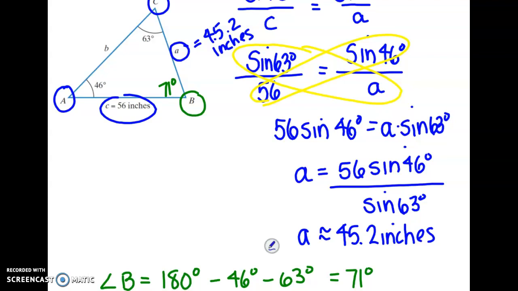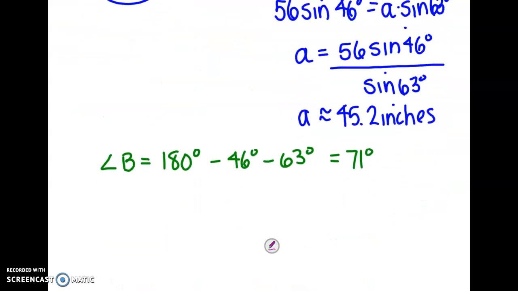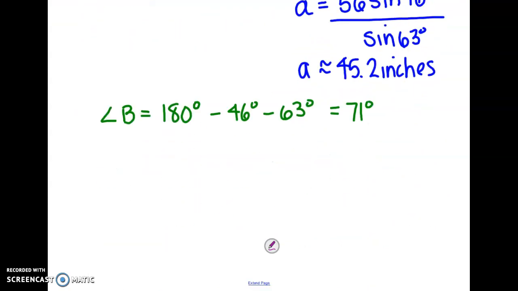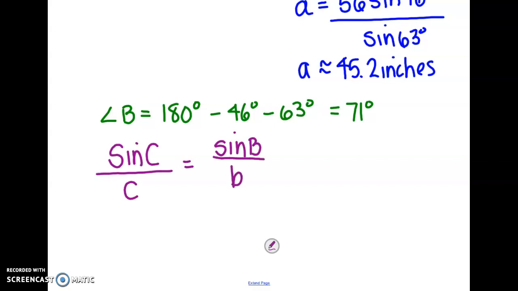Our last thing is to find the missing side length of b. So again, we're going to use our law of sines and set up a proportion. To find side b, we're going to use the proportion sine of C over c equals the sine of B over b.